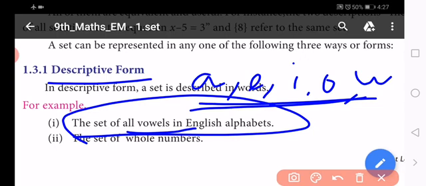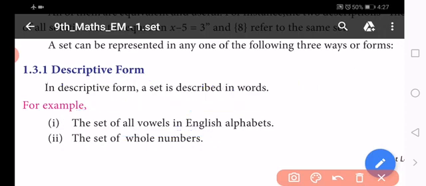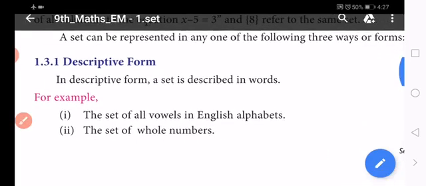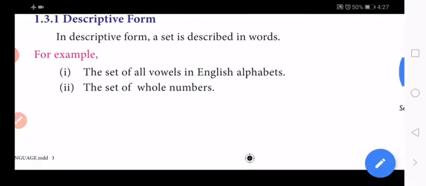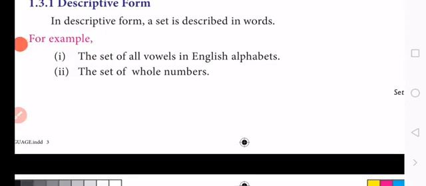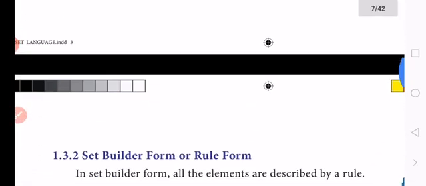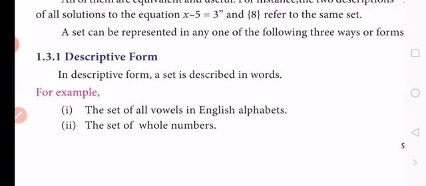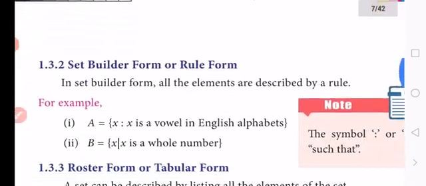So in the descriptive form, you do not know what the elements used in the example are. So in the first method, descriptive form, we used the statement as words.